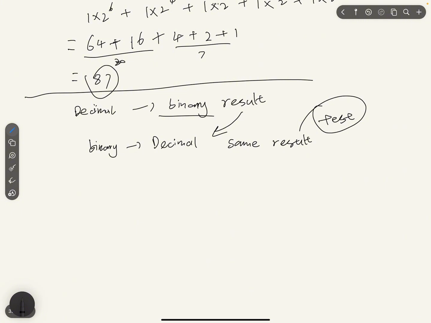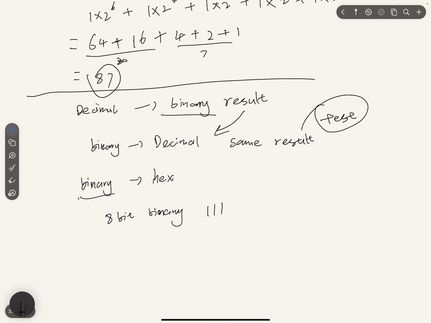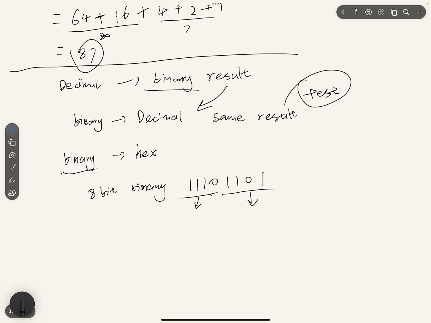And what if we want to convert a binary to hexadecimal? So binary to hex, let's say we have 8-bit binary, same example. Let's say it's 1 1 1 0 1 1 0 1. If we have this, we just group the 4 bits together, convert that one to hex. That will be 2 to the 3, 2 to the 2, 2 to the 1, 2 to the 0.